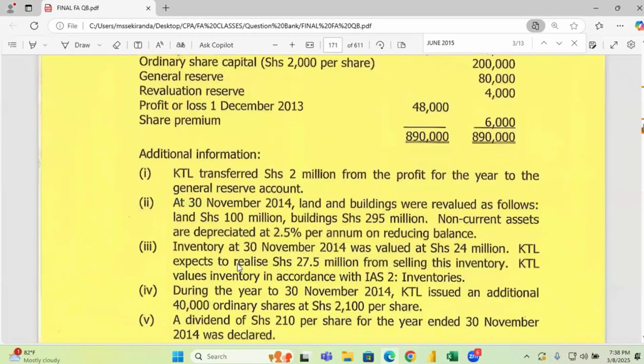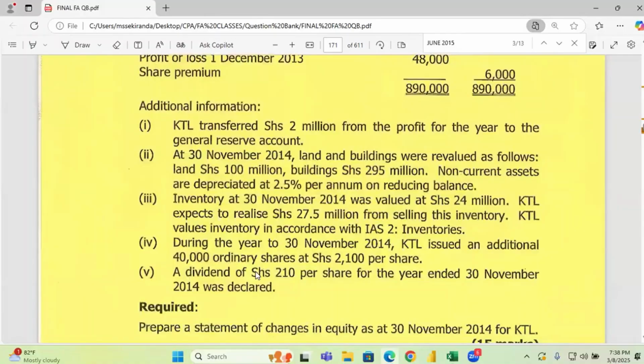Note number 3, inventory at 30th November 14 was valued at 24 million. KTL expects to realize 27.5 from the selling of this inventory. KTL values inventory in accordance with IAS 2 Inventories. Now, this one does not affect any of the components of equity, okay?